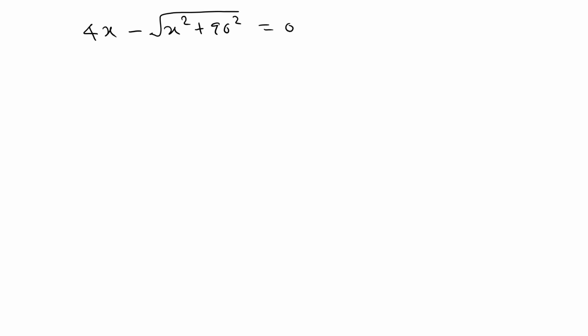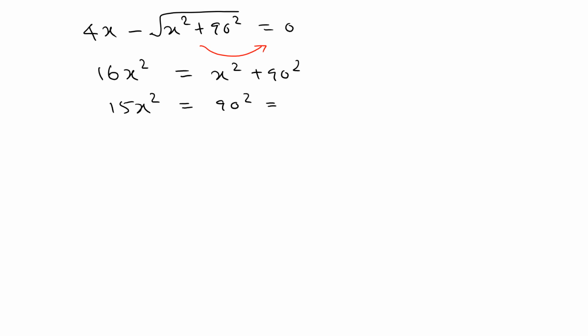So in other words, if you move this term to the other side and then square, you're going to get 16x squared equals x squared plus 90 squared. That means 15x squared equals 90 squared. 90 is 6 times 15, so you can cancel the 15 term.